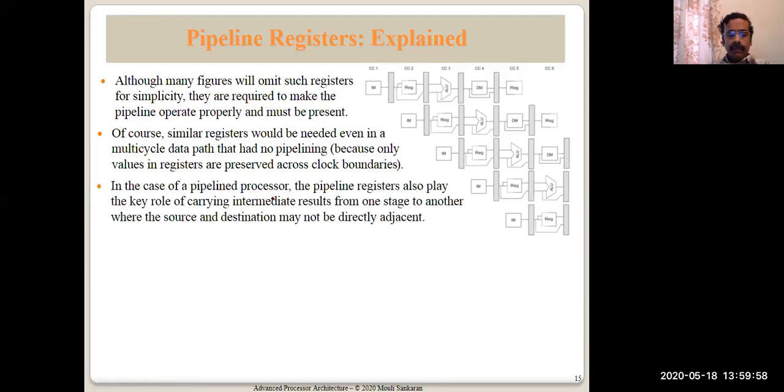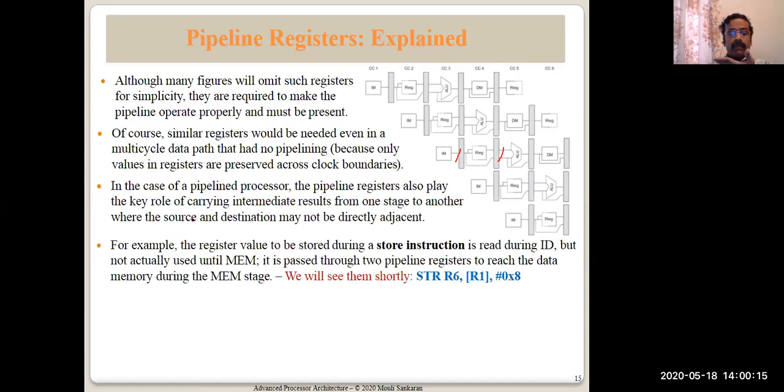So in the case of a pipelined processor, the pipeline registers also play a key role of carrying intermediate results. Whatever the result is, they carry it. That is the job of those pipeline registers which appear between the different stages. For example, a register value to be stored during the store instruction.